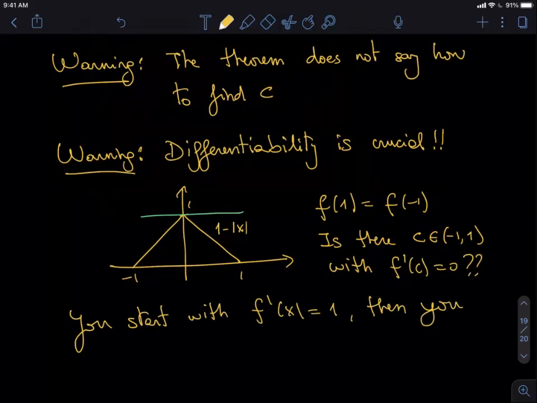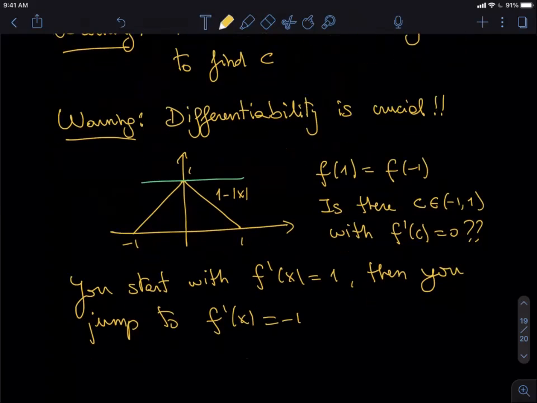Then the derivative jumps to negative 1, and there is nothing in between because f prime at 0 does not exist.